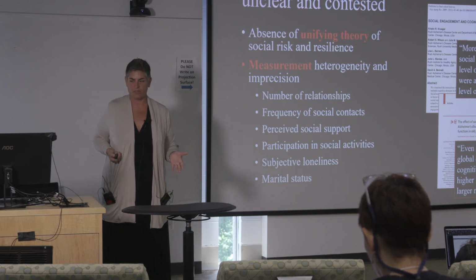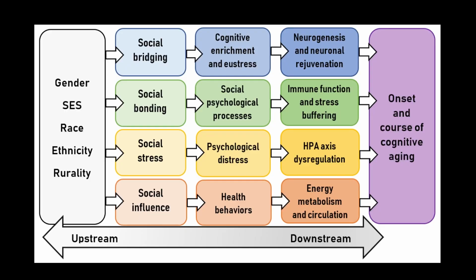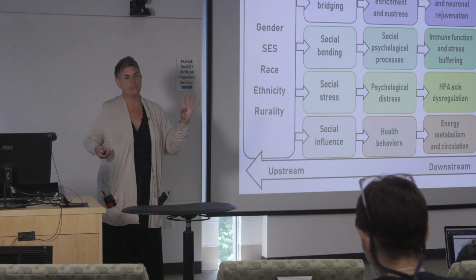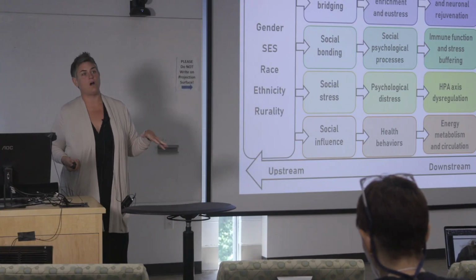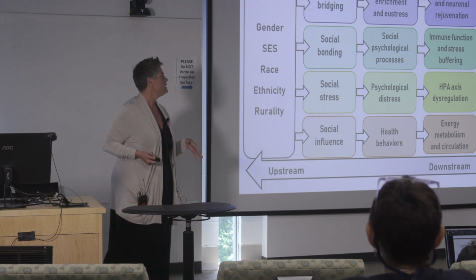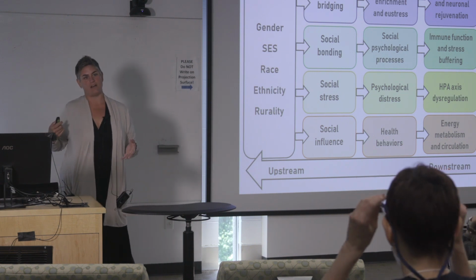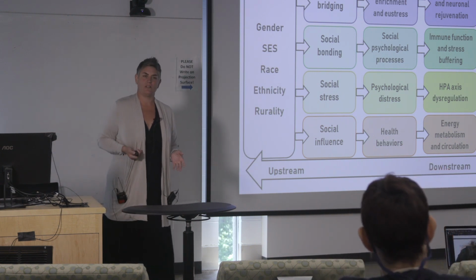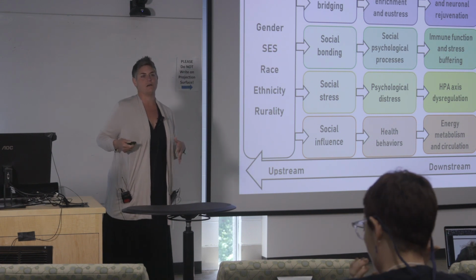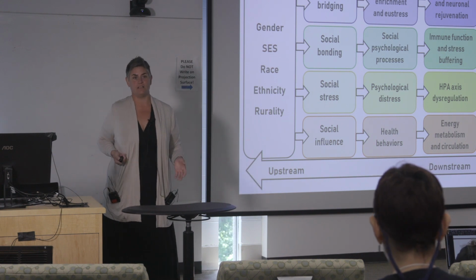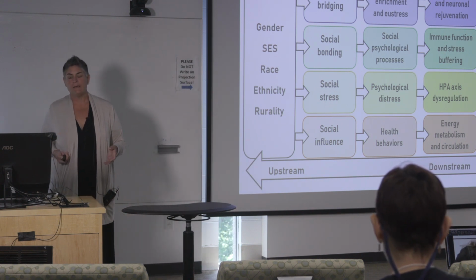So we set out to try to figure out what is it about social interaction that's beneficial for your cognitive health. We started out by thinking broadly about the classic social networks literature and the harms that can come to you from being embedded in particular kinds of networks and relationships, and then integrated that with the ADRD, Alzheimer's disease and related dementias literature about the risk factors for ADRD pathology and cognitive decline.